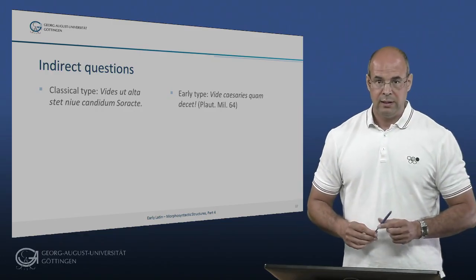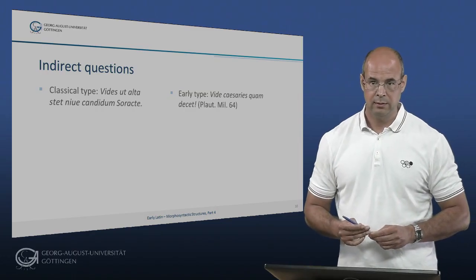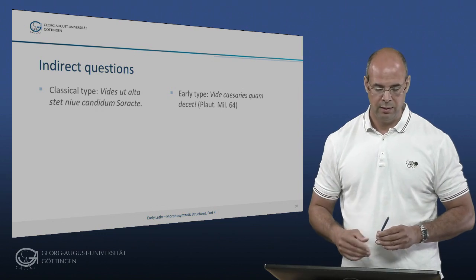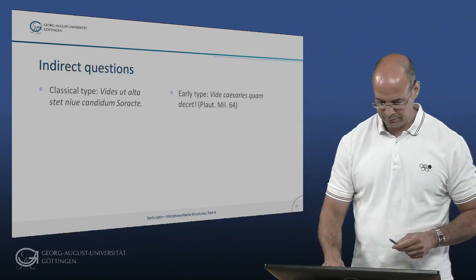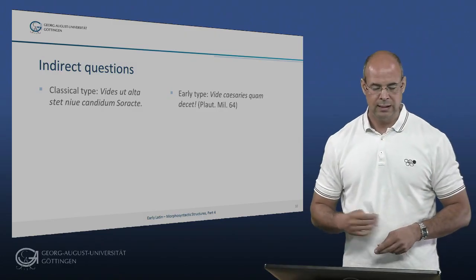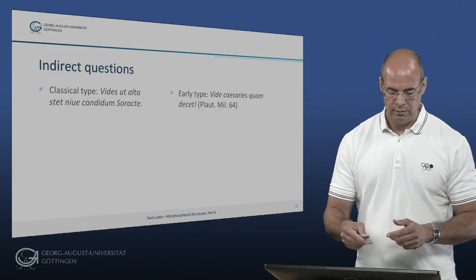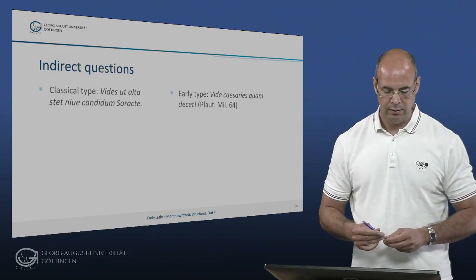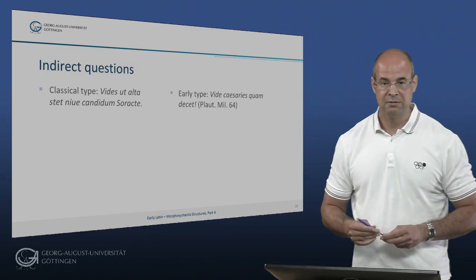Let's move on to indirect questions. Indirect questions in classical Latin typically have the subjunctive, and here's a nice example from Horace. Vides ut alta stet nive candidum Soracte. You can see how Mount Soracte stands white, covered in deep snow.